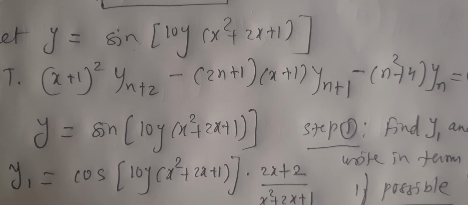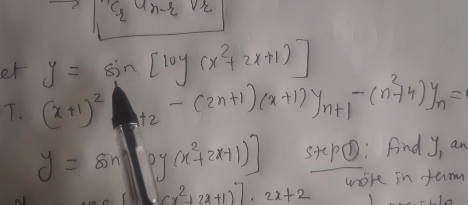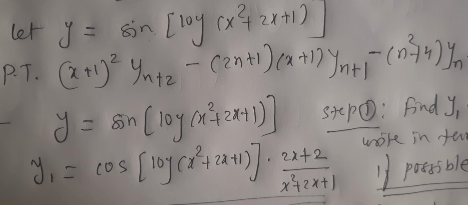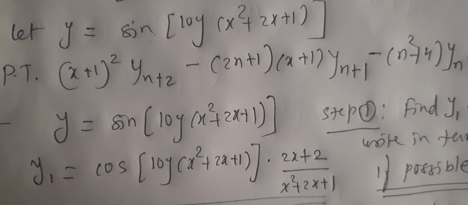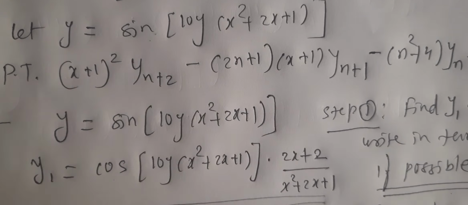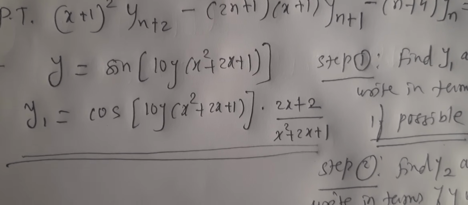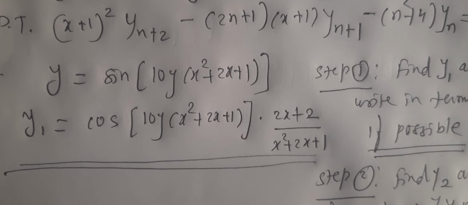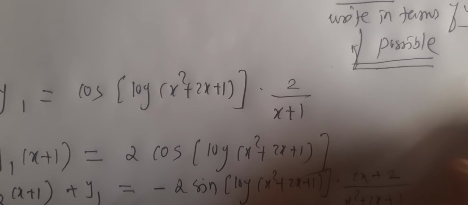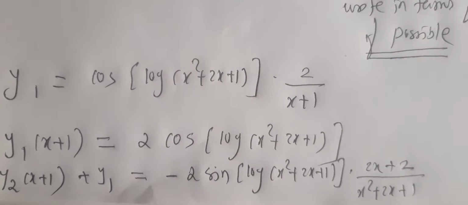So y2 you can always write in terms of the given function y. Whenever y is in terms of sine or similarly cos, though we can't write y1 in terms of y, we will be able to write y2 in terms of y. If it is in terms of e, we can write y1 in terms of y. Understand these things, and you can see now very well what we are getting here is, after finding this y2, see what is the y2 we have obtained.